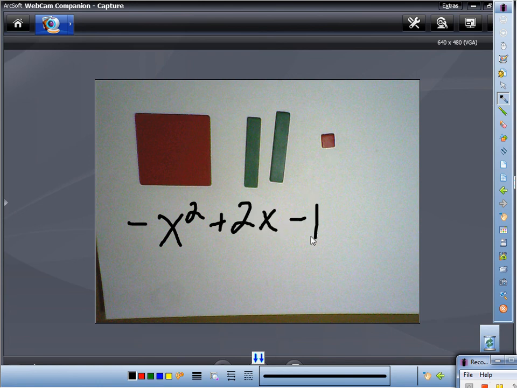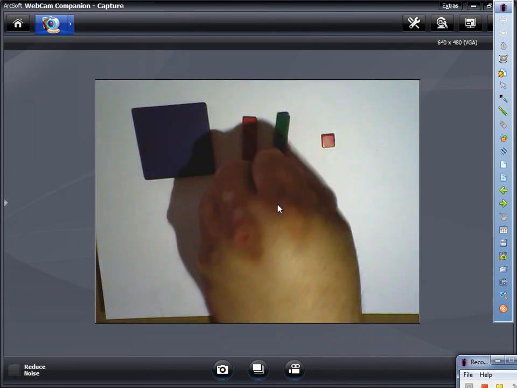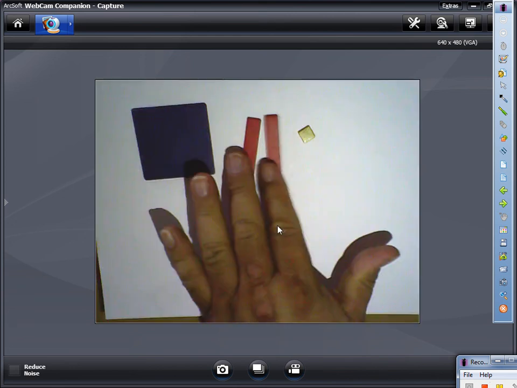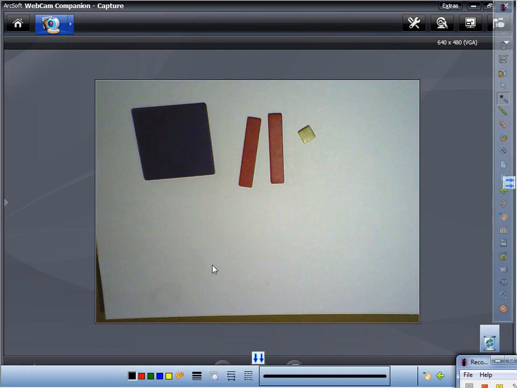Minus 1. So far so good? What if I did this? Switch this one, flip these, and switch this one. Tell me the new polynomial now. That is correct. X squared minus 2x plus 1.